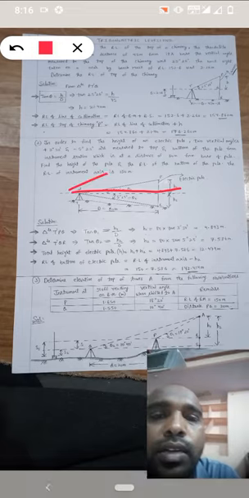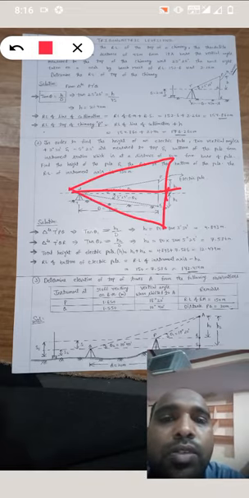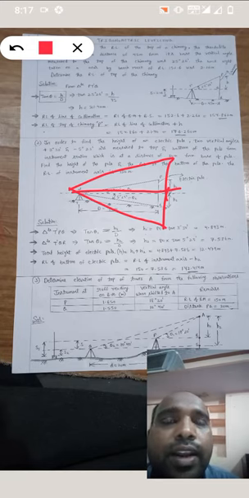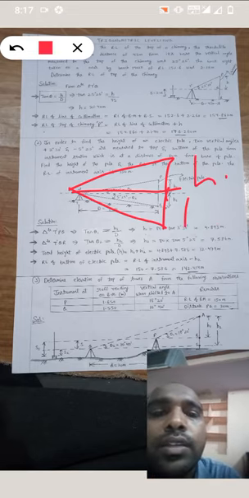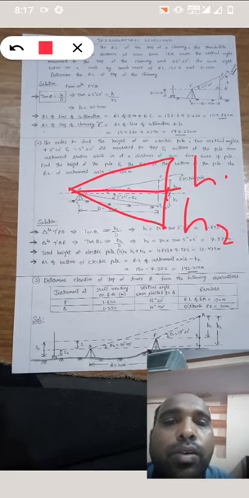So here one angle is angle of elevation, one is angle of depression. Angle of elevation is given plus 3 degrees 30 minutes, and angle of depression is given minus 5 degrees 25 minutes. From the triangle we are finding H1 here, and next we are finding H2 with the help of the tan rule.